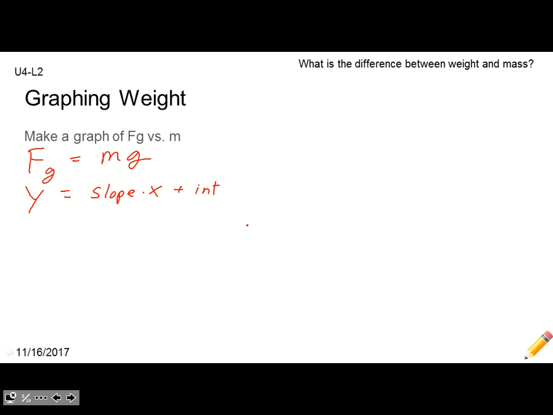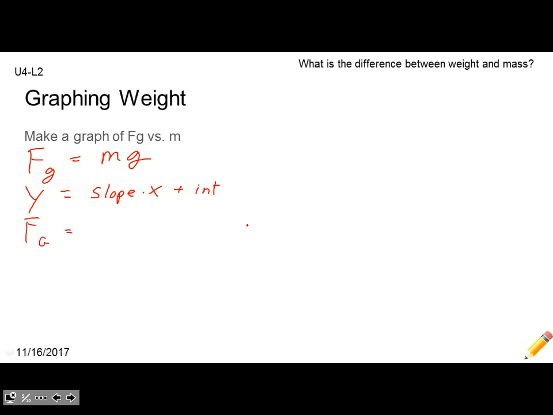Shakira, what kind of function is this? Y equals slope times X. Okay, it's a line.